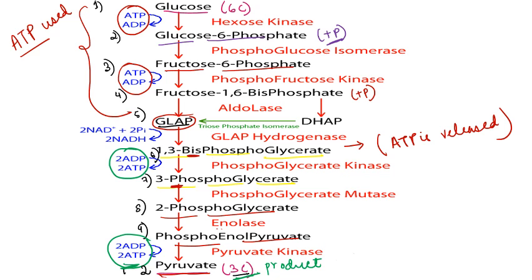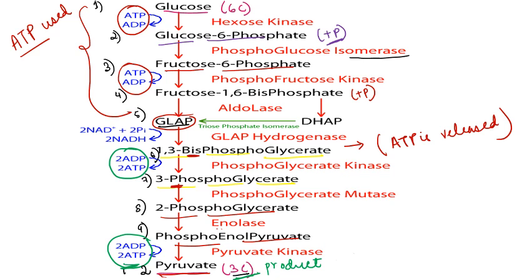So what we have seen in glycolysis: glycolysis is the breakdown of sugar, that is glucose. Glucose gets converted to glucose 6-phosphate. Here you can see addition of phosphate at the 6th position, right? This phosphate comes from ATP, so here ATP is used up. Again, glucose 6-phosphate undergoes structural changes. That's why we call the enzyme isomerase.